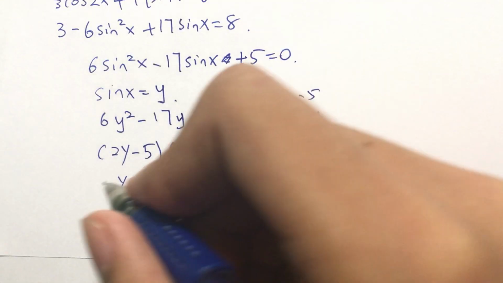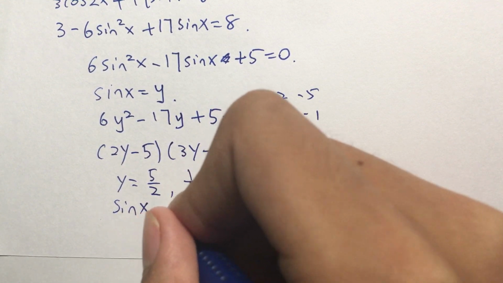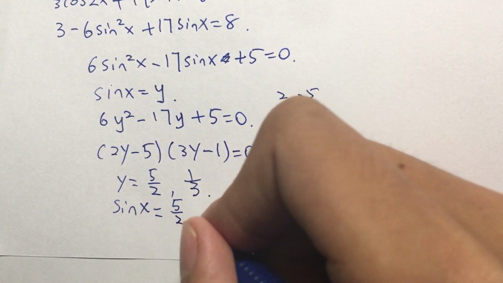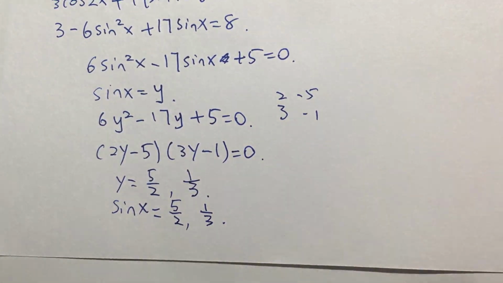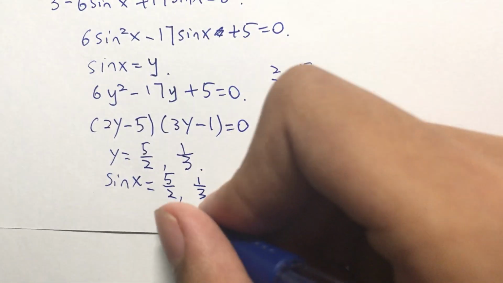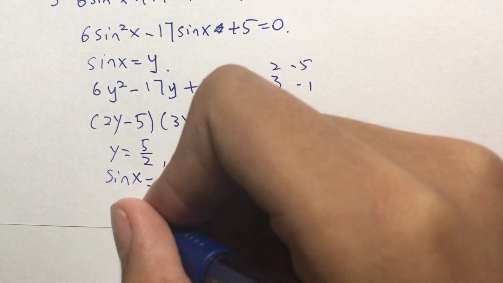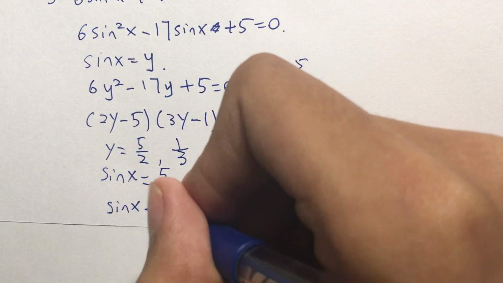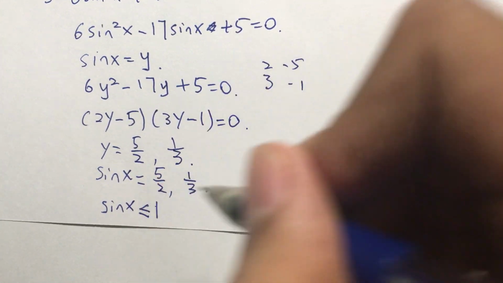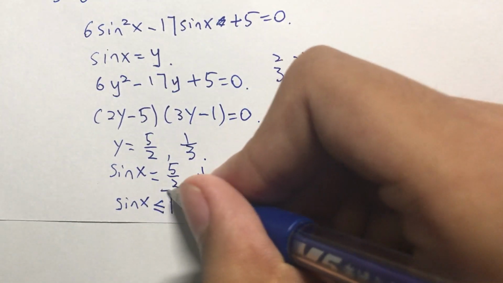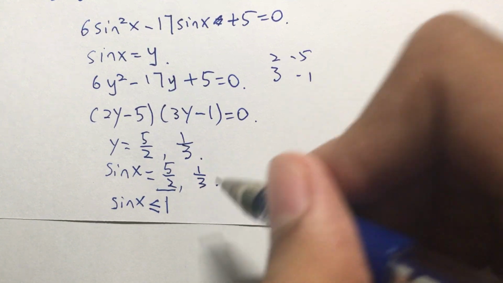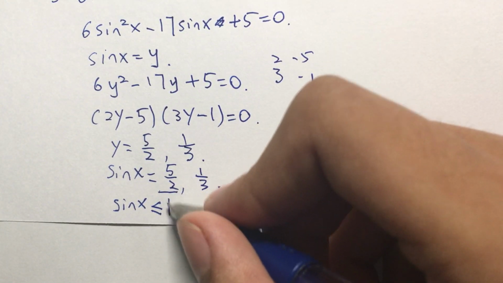Now we know that sine x is equal to 5 over 2 or 1 over 3. However, here is a very important thing: we know that sine x is smaller than or equal to 1. But 5 over 2 is 2.5, which is over 1.